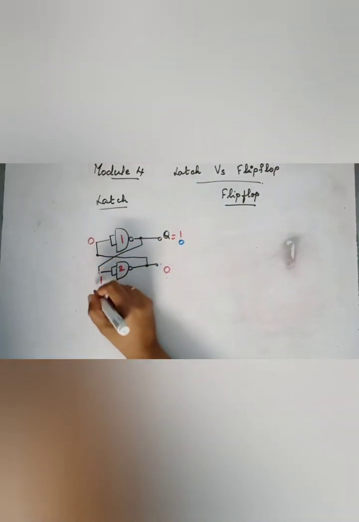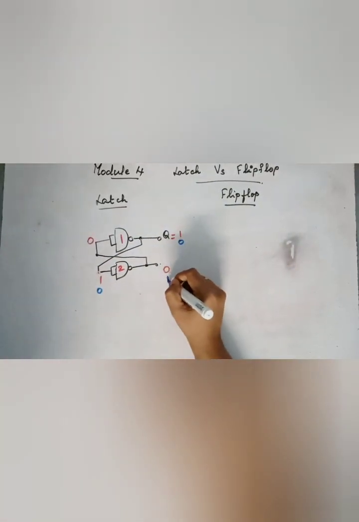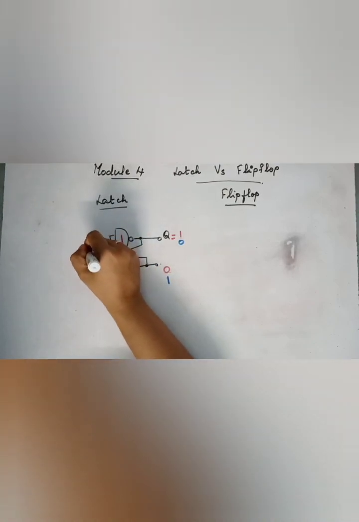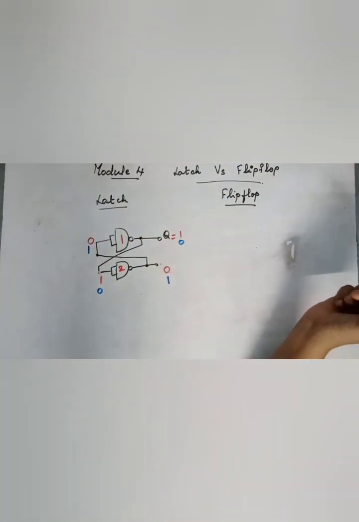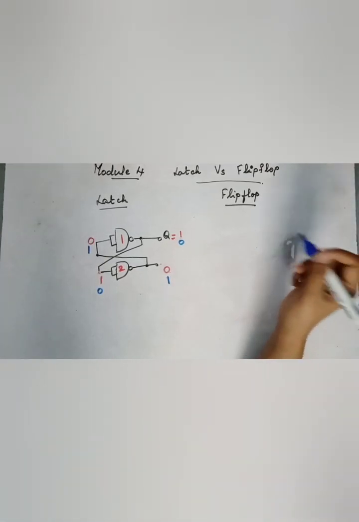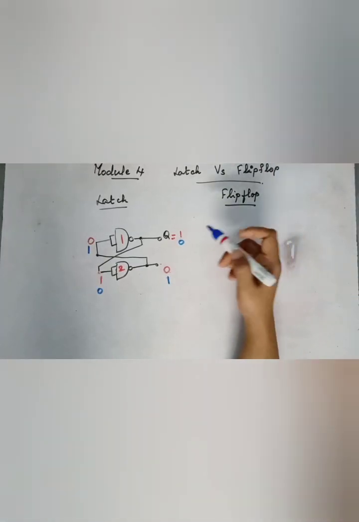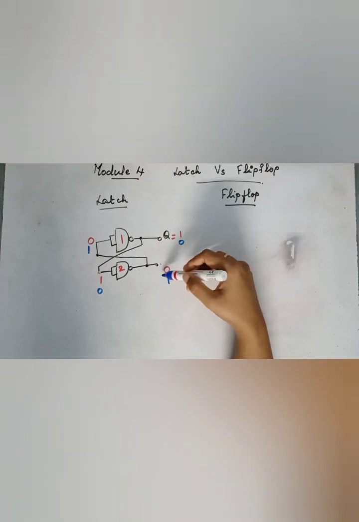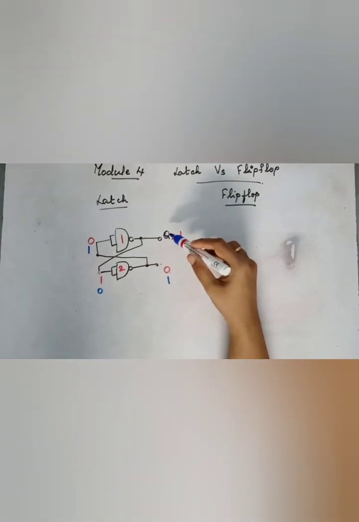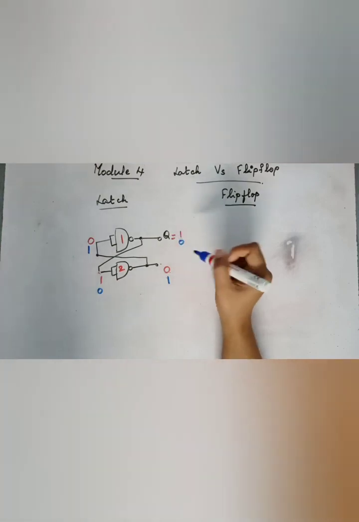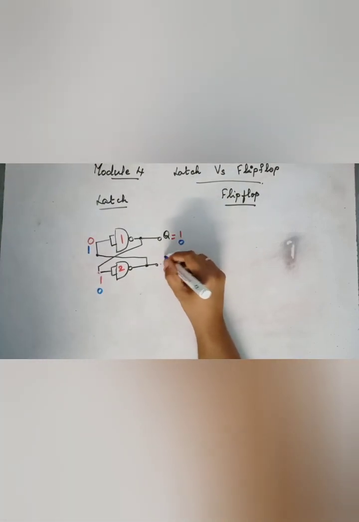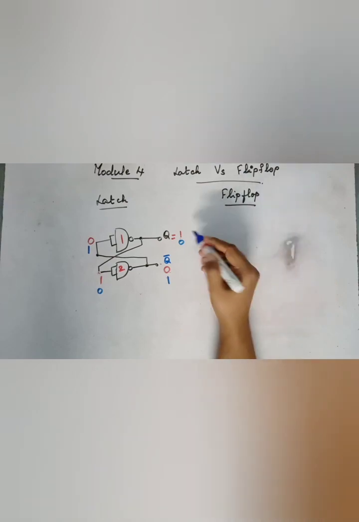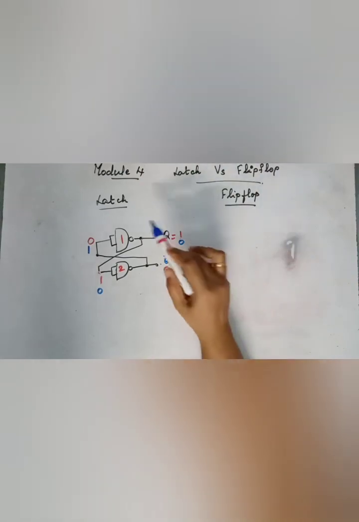If so, here it would be 0, here it will be 1, that 1 will come here, so it will be 0. Whatever output comes at the output of the first NAND gate, the output of the second NAND gate will be the complement of it. So if this is Q, this is Q bar. If this is 1, this should be 0. If this is 0, this should be 1. That is the property of a latch.